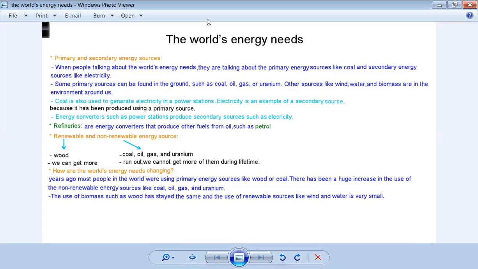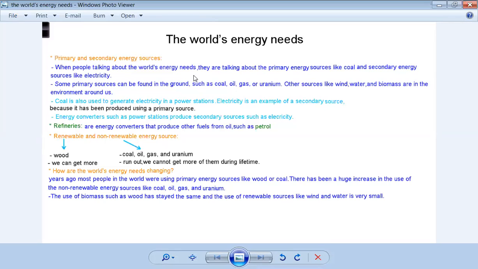The biomass, which is a renewable source, has stayed at the same level. It didn't change over time. But the use of renewable sources like wind and water is very small. People didn't use wind or water for years. Now they started to use the non-renewable sources more and more.